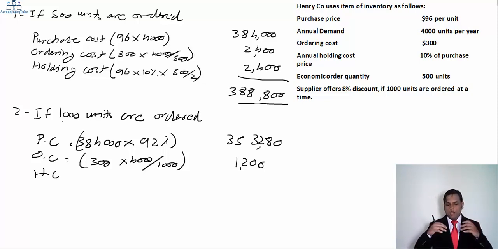For example, we were placing orders of 500 units, and now our ordering cost is reduced to half because we are placing double the quantity. Whenever a discount comes, the ordering cost will be reduced, since more units need to be bought to gain the discount.